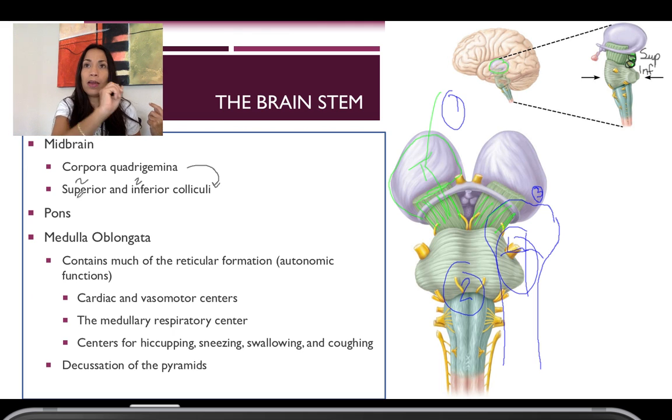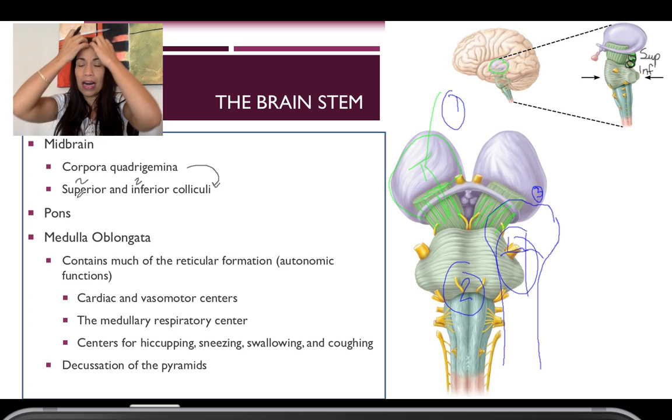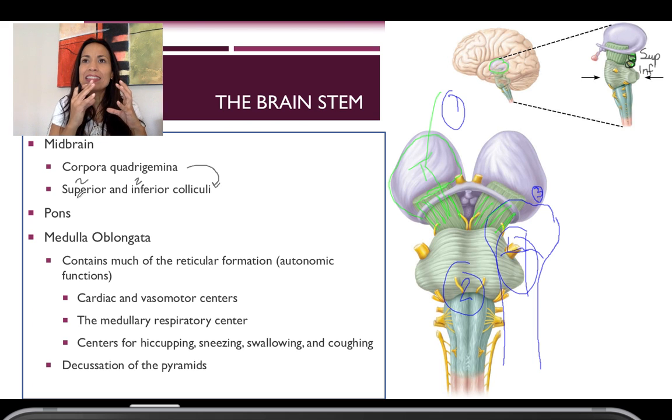Let's say that I see a bird flying, and that automatic response that you cannot control, escaping your conscious control, that instinct of following the bird flying, or any moving object flying around, the coordination of the movements of your head, the neck, all of that happens and is integrated in the superior colliculi of the corpora quadrigemina, of the midbrain, of the brainstem, of the brain.